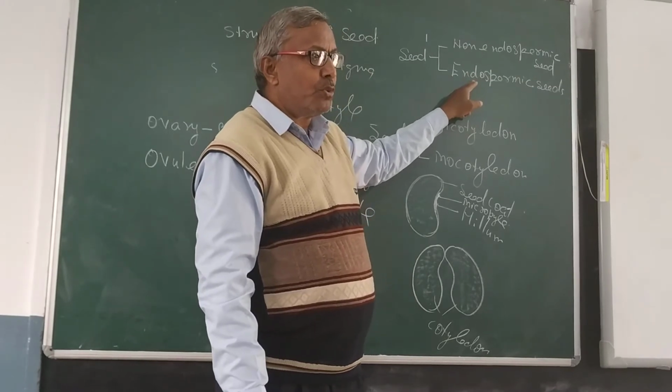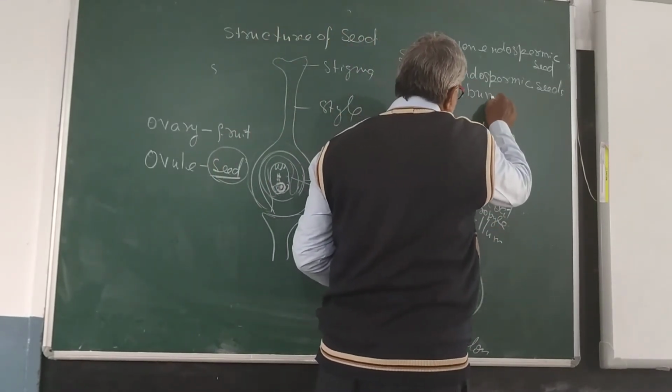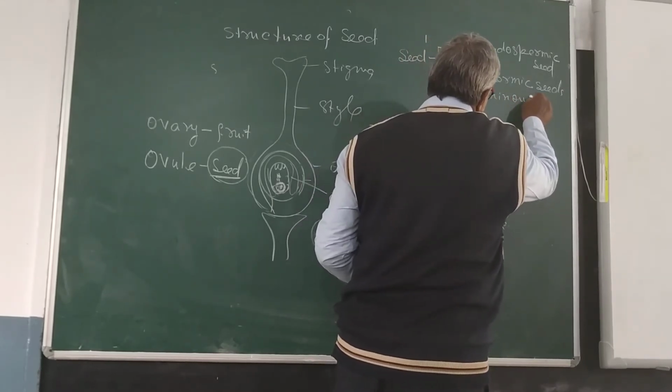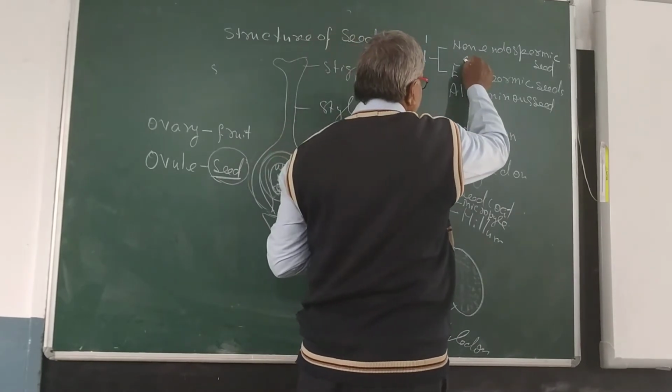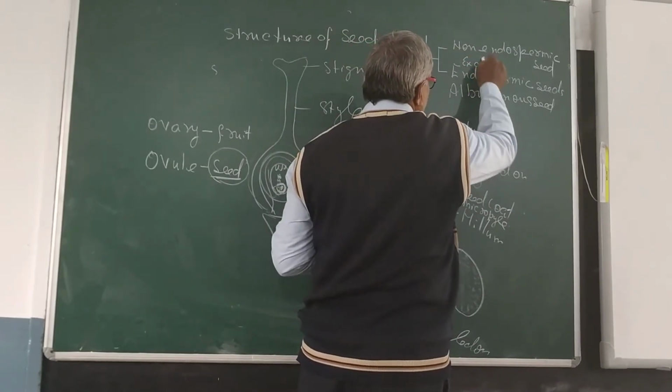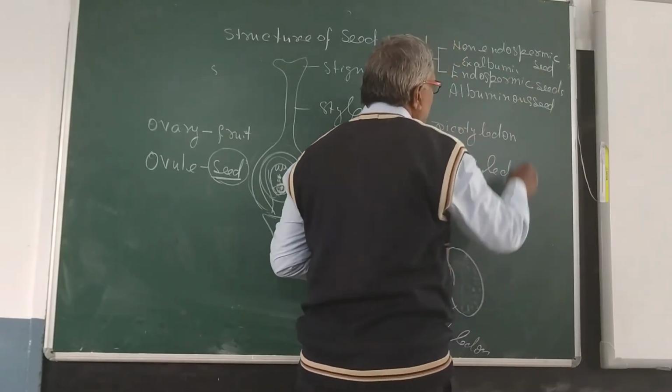Endospermic seed is also known as albuminous seed. And non-endospermic seed is called exalbuminous seed. You have to know this name also.